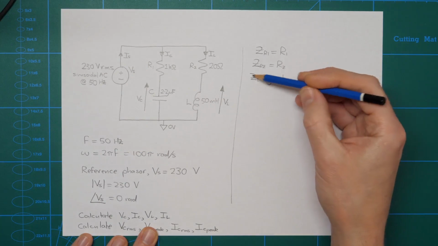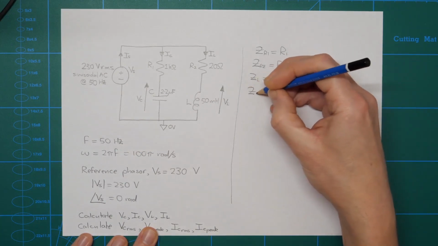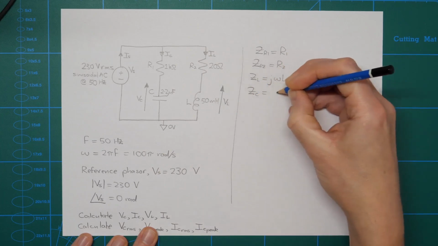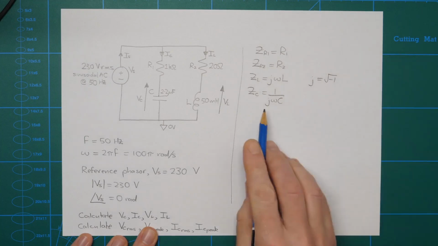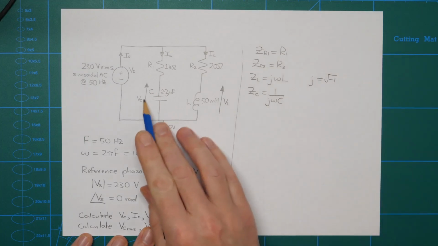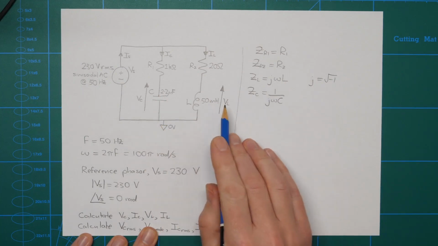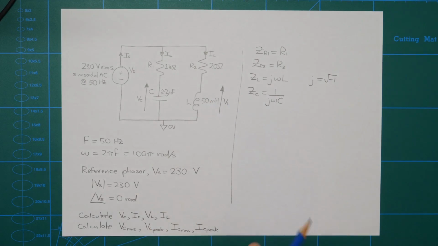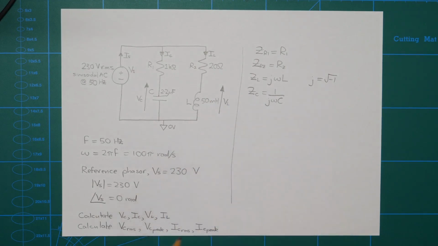This is how you convert it into an impedance. Similarly, for the capacitor, we have a formula which is 1 over j omega C. Again, j is the square root of -1, omega is the angular frequency, and C is the capacitance in farads. Similarly, L has to be in henries. We're going to be relying on both of those things when we do our actual phasor analysis.